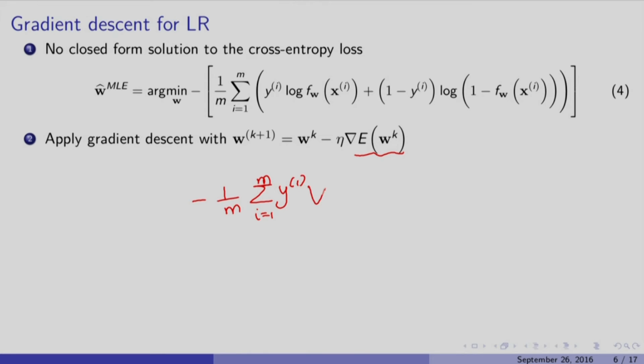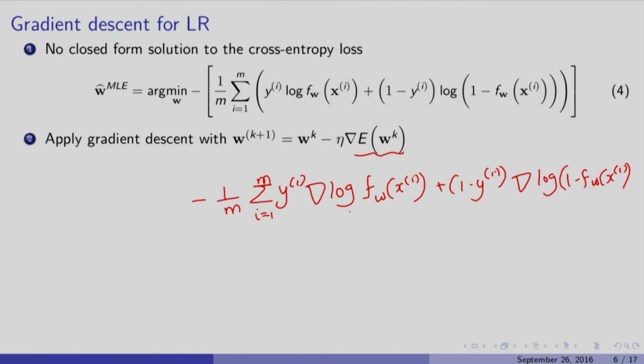That will be the gradient of log of f_w(x_i) weighed by y_i, plus 1 minus y_i times the gradient of log of 1 minus f_w(x_i).